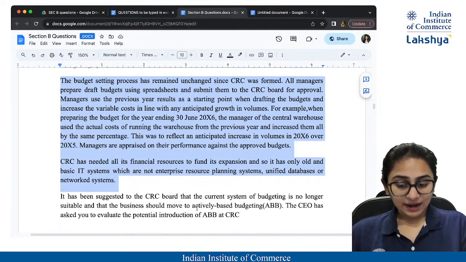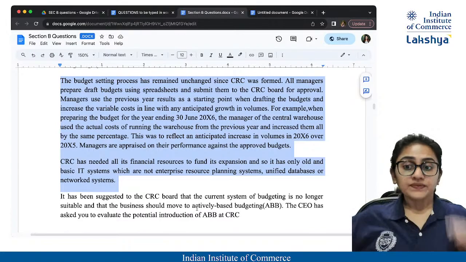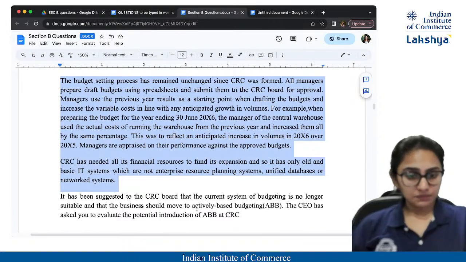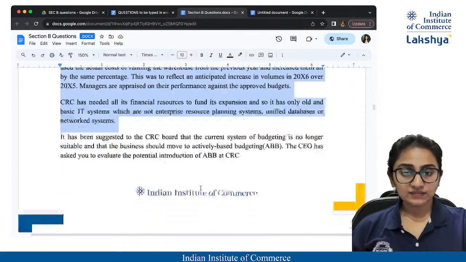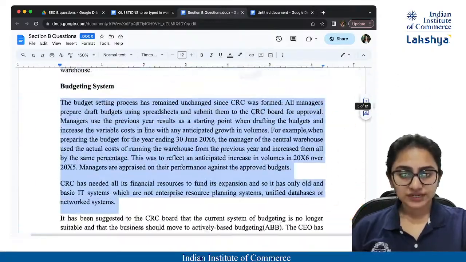And then looking at the advantages and disadvantages of both, you need to state whether the company should switch or should not switch. So let's begin.